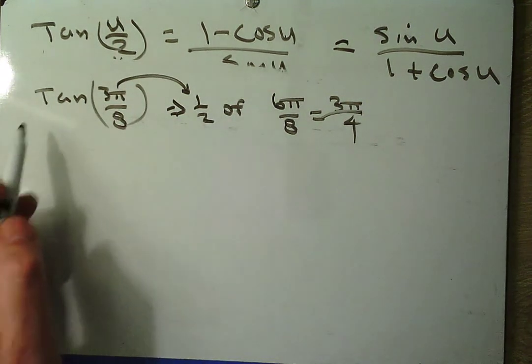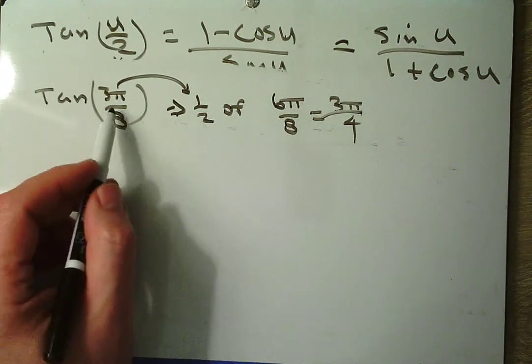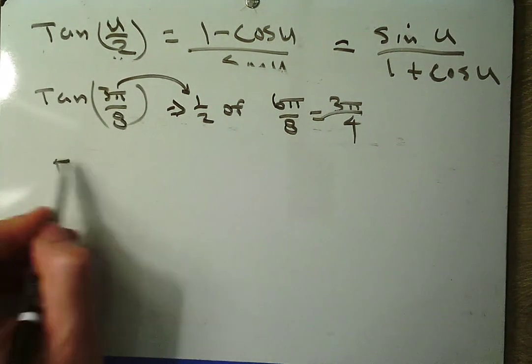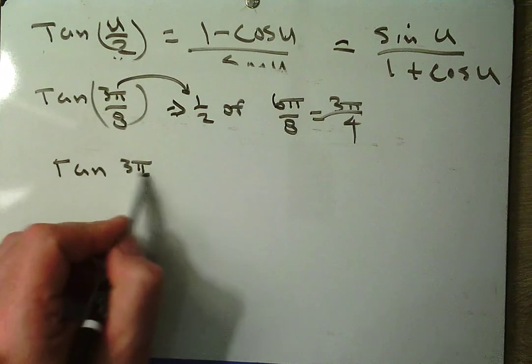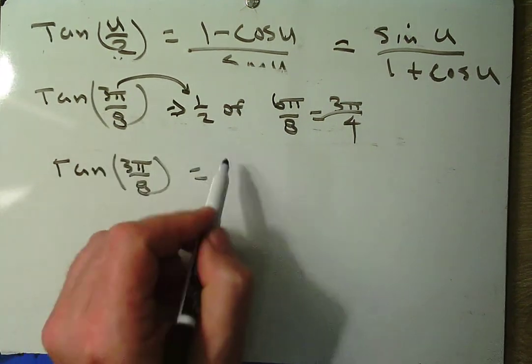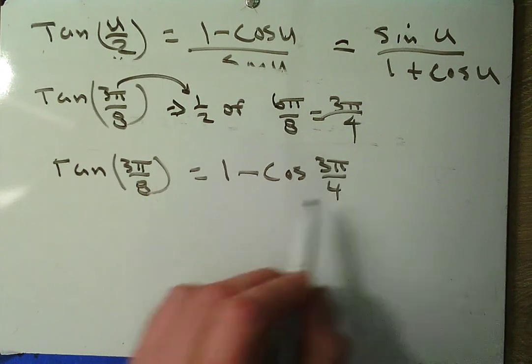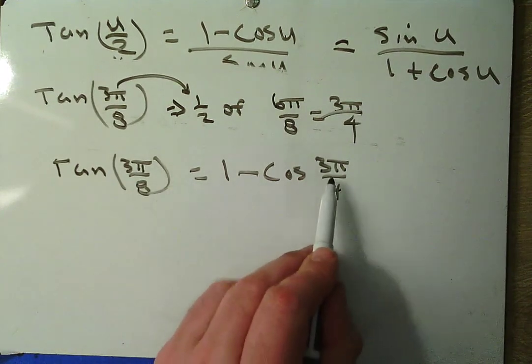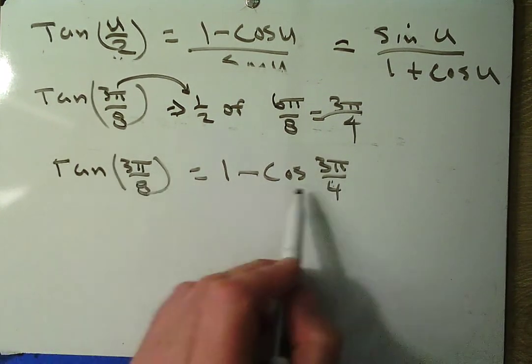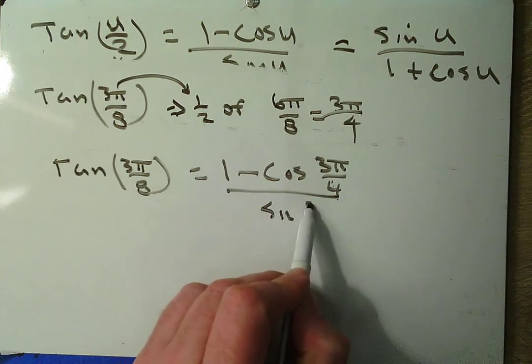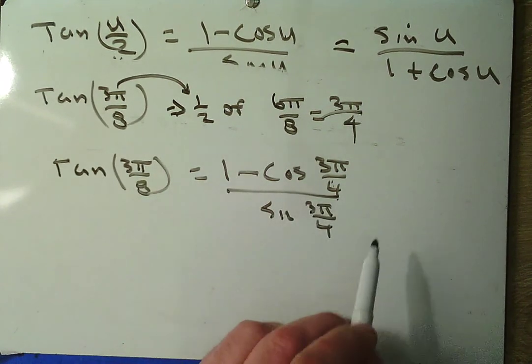So I'm going to use the tangent half angle formula for 3 pi over 8 and say tangent 3 pi over 8 equals 1 minus cosine 3 pi over 4, right? Because I have to plug in an angle that's twice as big as this one, over sine of 3 pi over 4.